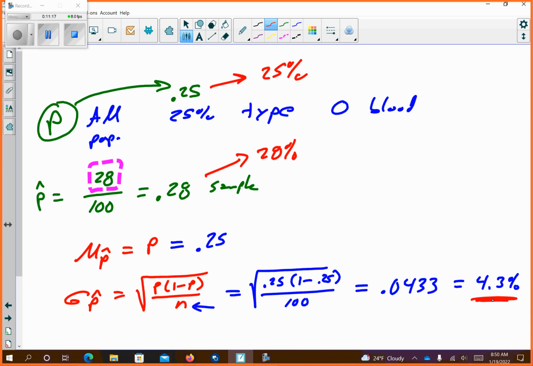I got lucky that of the 100 people I selected, 28 fell into this. If I do the study again, I might get 23 out of 100 with type O blood, and that still falls within it. It doesn't mean things are going wrong. It just means that you realize your wiggle room, your fudge factor, is within 4.3%. That's where you're feeling your data should happen.